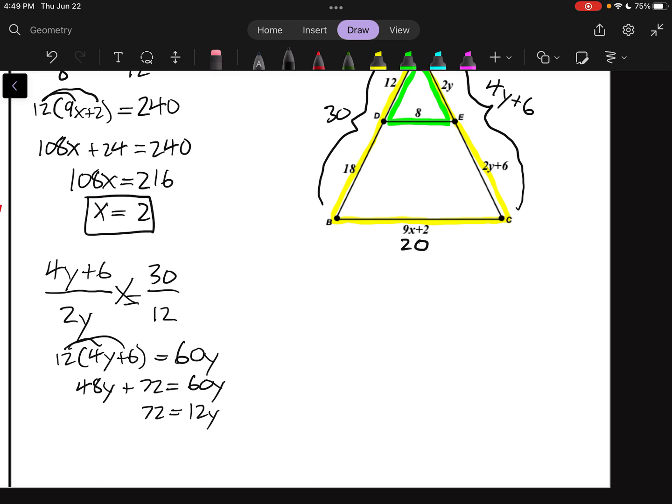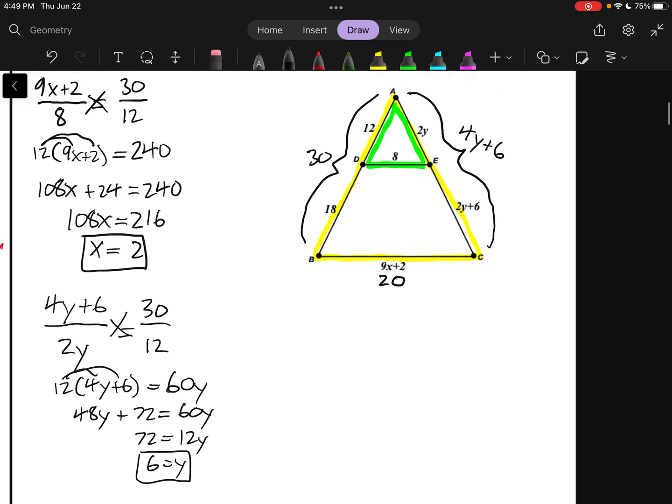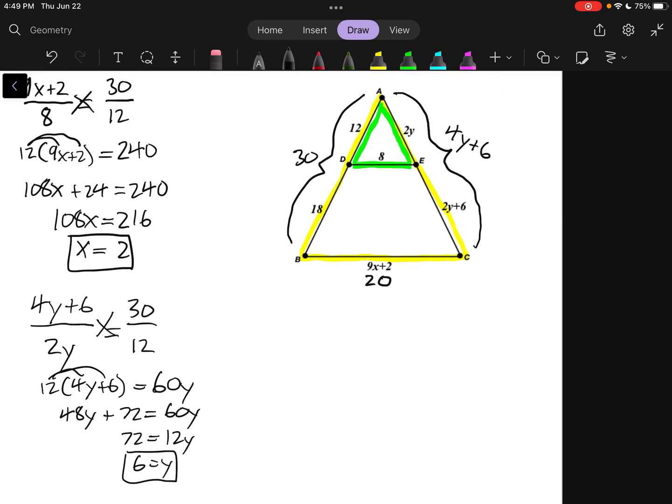And then 72 divided by 12 is 6. Okay, so let's plug that back in now. If I plug that back in, 2 times y for AE, 2 times 6 is 12. And then 2 times y is 12 plus 6 is 18. So it actually ended up being the same as the other side. So 12 plus 18 for the whole thing is 30.